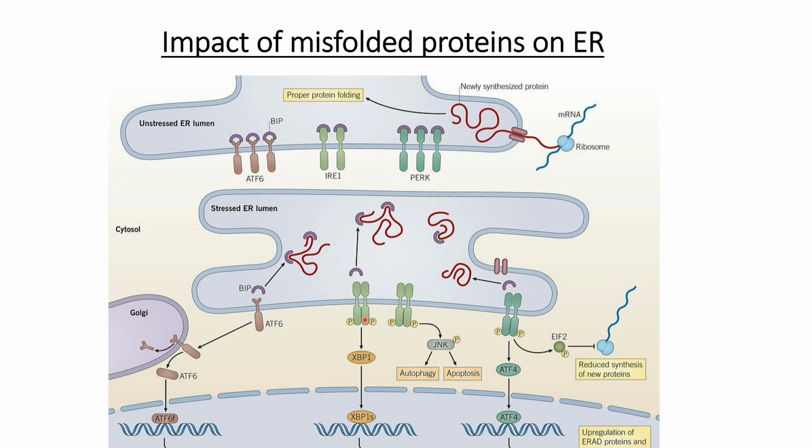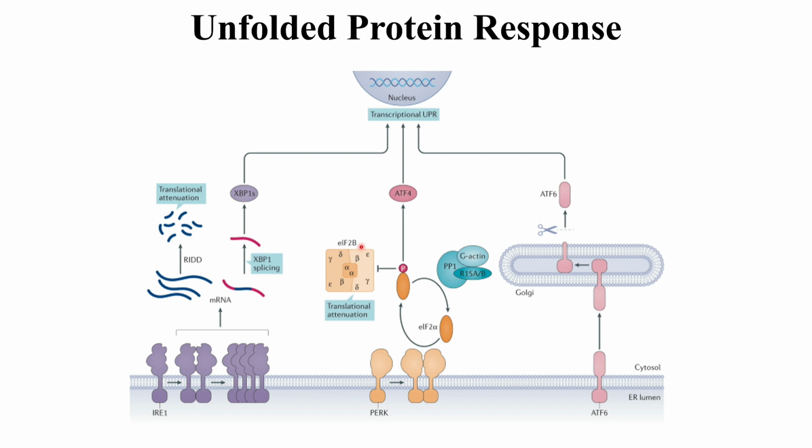All these transmembrane molecules go into the cytosol, impact some molecules there, and ultimately influence the nucleus, according to what the cell requires at that time. If it is an adaptive unfolded protein response, the cell will start producing more chaperones so that better folding of proteins occurs, and if it is beyond control, it will set the cell into apoptosis.